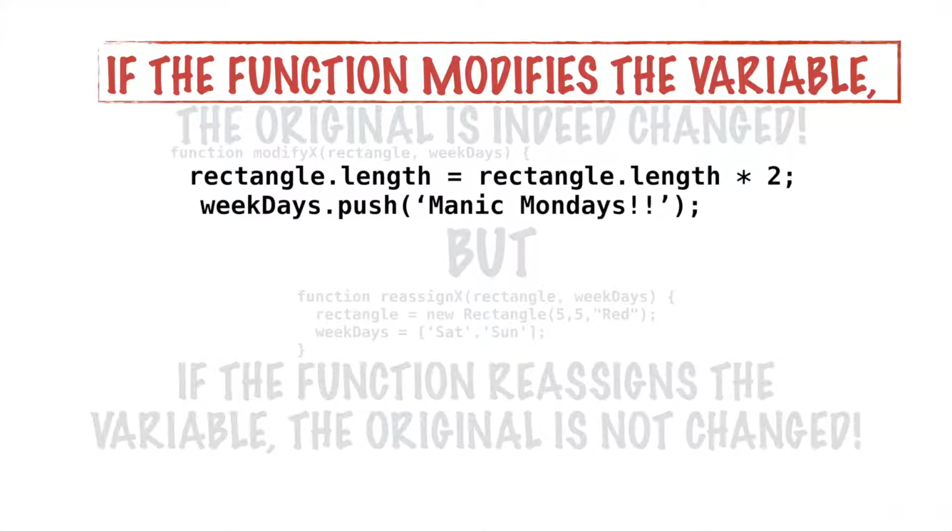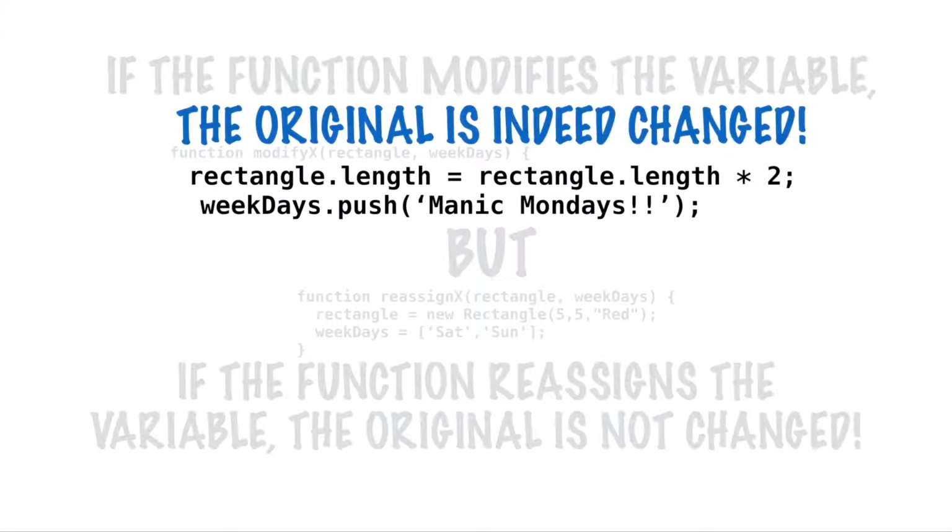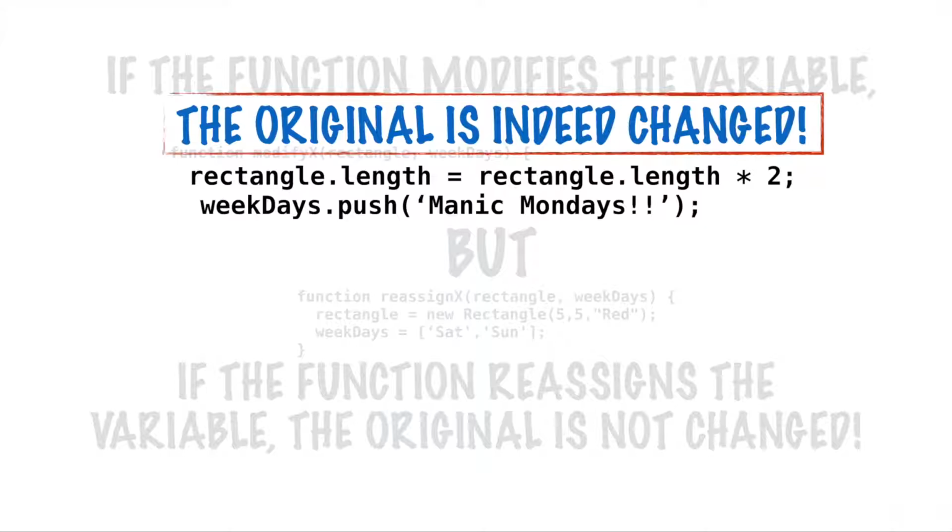So the weekdays array that's passed in gets another element using weekdays.push Manic Mondays. When the object and the array passed in is modified in such a manner, the original is indeed changed.